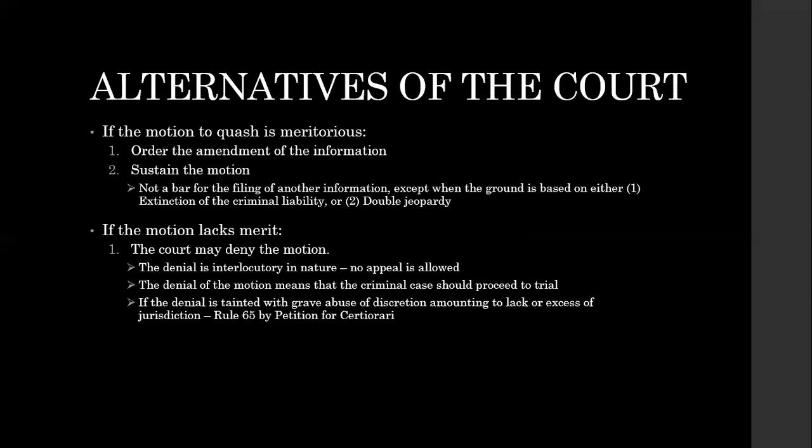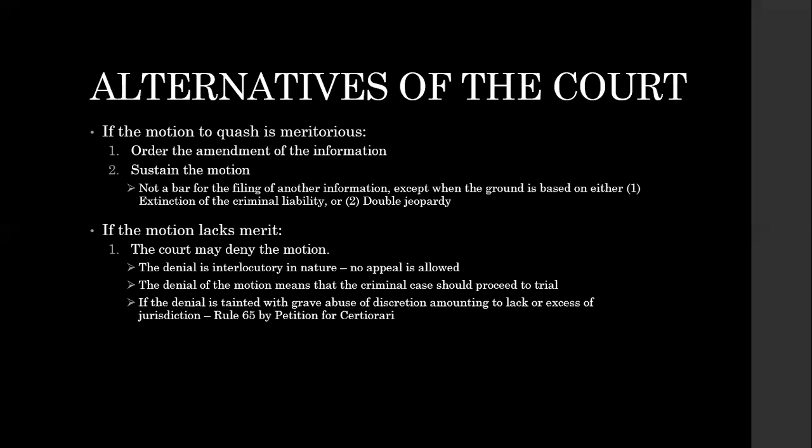So what are the alternatives of the court when confronted with a motion to quash? So number one is if the motion to quash is meritorious, then the court may order the amendment of the information or sustain the motion, but the court can still allow the prosecution to file another information. Ito yung sinasabi natin kanina na hindi ibig sabihin na kapag nag-grant yung motion to quash mo, automatically the case will be dismissed.